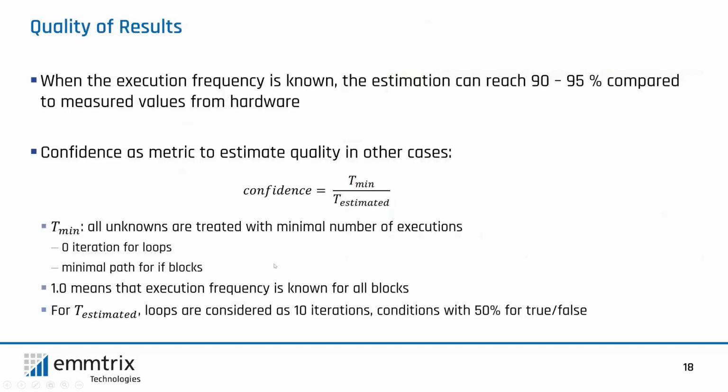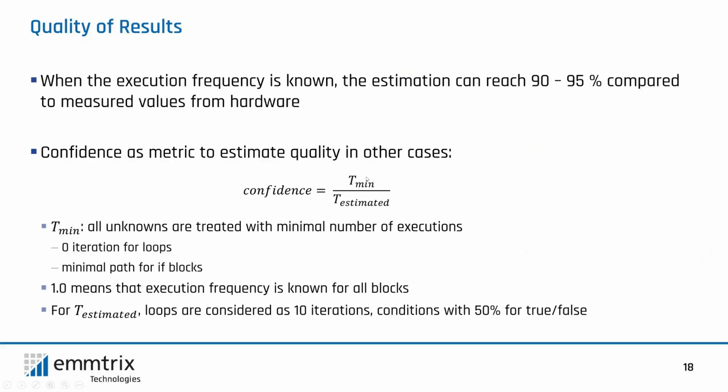Now, in order to judge the quality of results, we also have introduced our own metric. The issue is, if we don't have the execution frequency for everything, then we have a certain degree of uncertainty inside of the program. So what we have defined here is the metric of confidence.